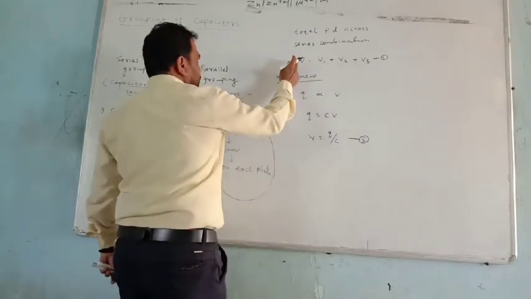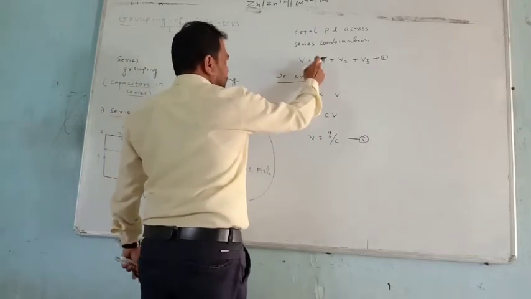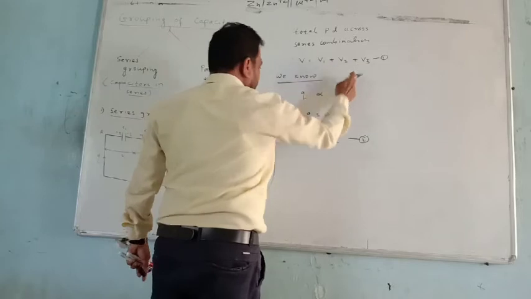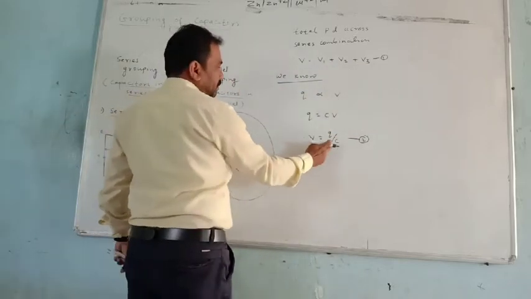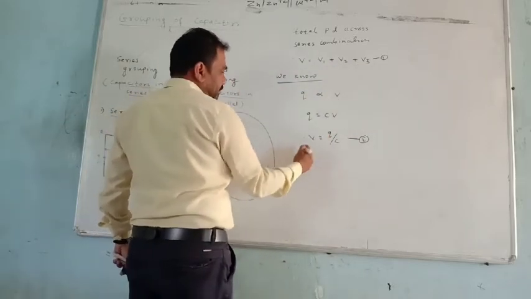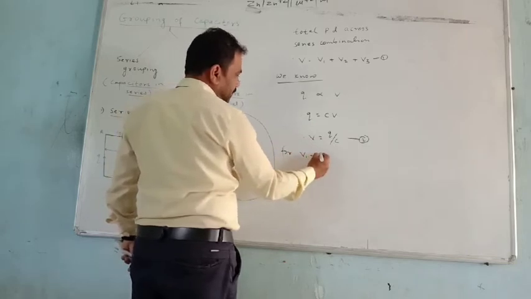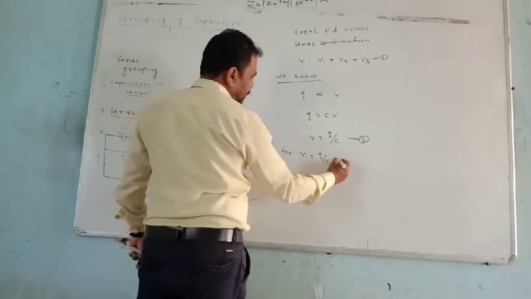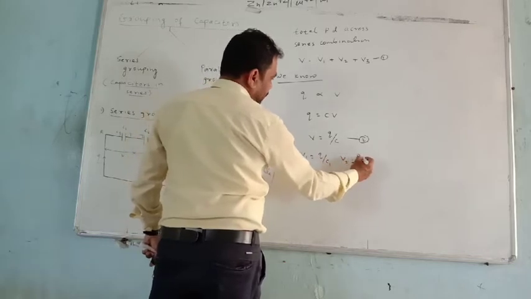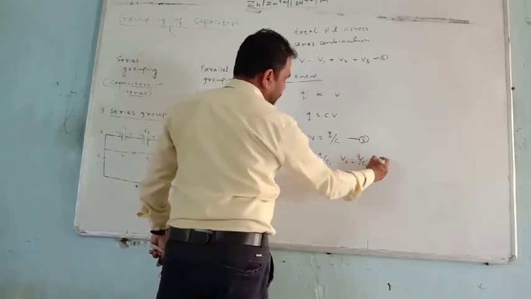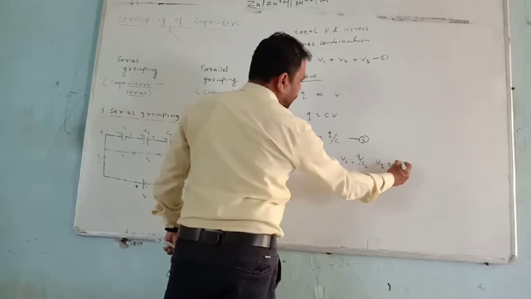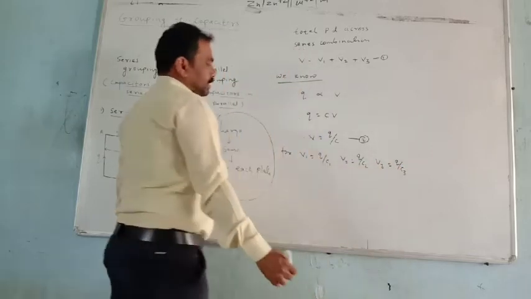Now instead of the first equation, for V1, V2, V3, we consider that the charge is the same. So similarly we can write V1 is equal to Q by C1, V2 is equal to Q by C2, and V3 is equal to Q by C3.